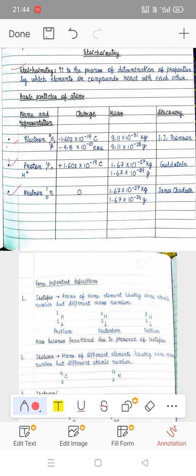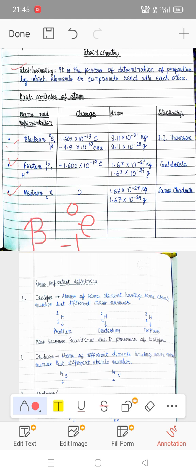Let's start with electron. Electron is represented like this, e with 0 and minus 1, or we can write as beta.